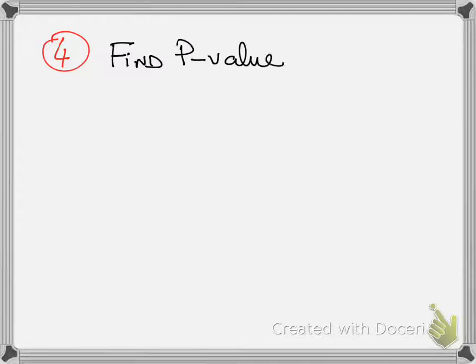Fourth step, you need to find the p-value. Fifth step, you compare the p-value to the level of significance alpha.